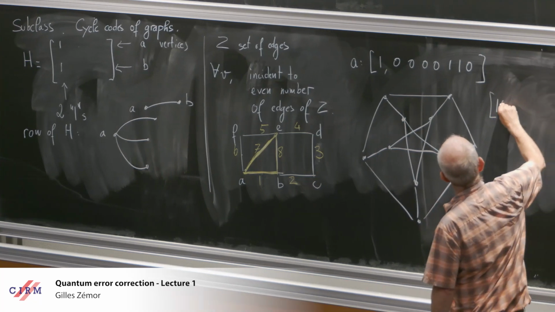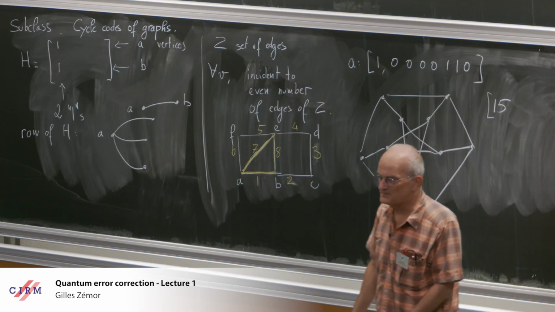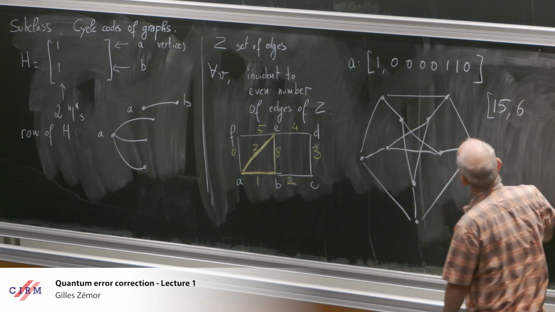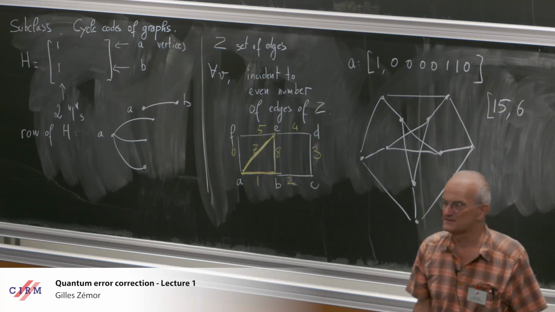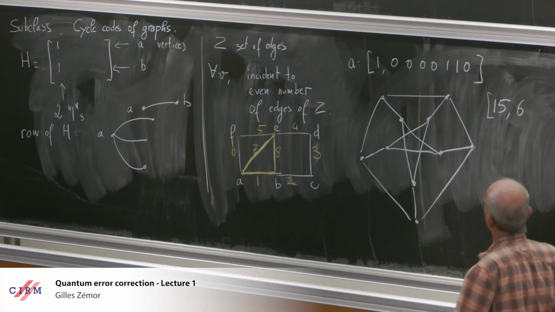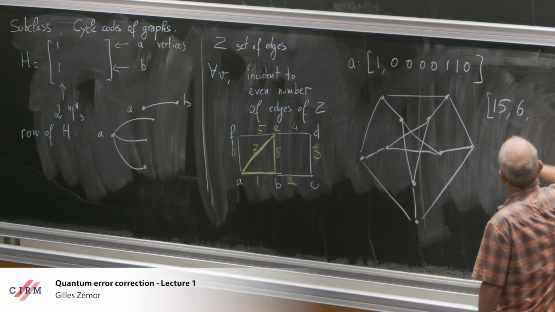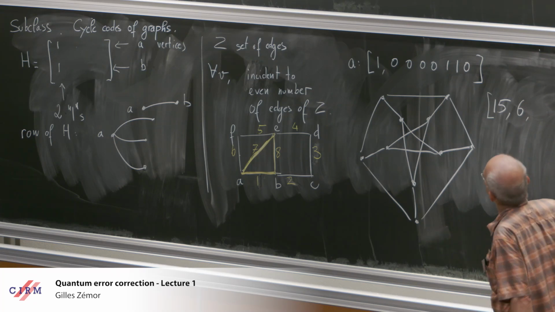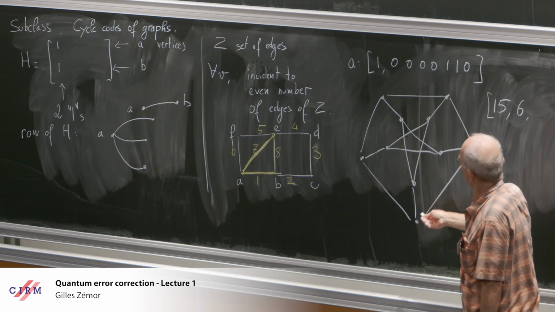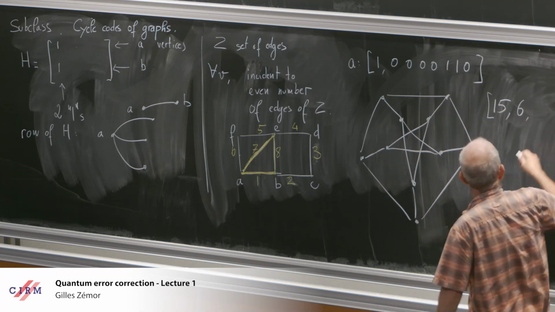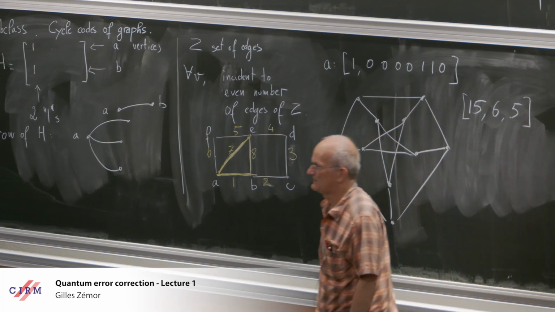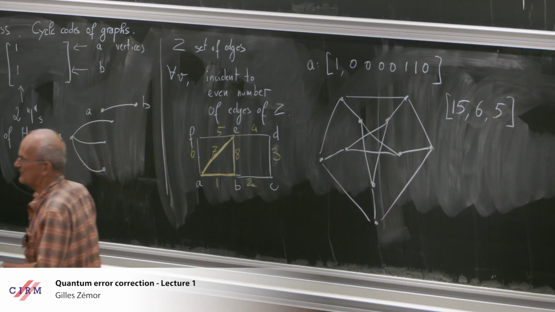Parameters: length is 15 because there are 15 edges. One may compute the dimension and figure out that it's equal to 6. So there's 64 cycles in this graph. You can count them. And the minimum distance is the minimum size of a cycle. In graph theory, this is the girth of the graph, and you can see that the minimum cycle size is 5. So this code can correct 2 errors.